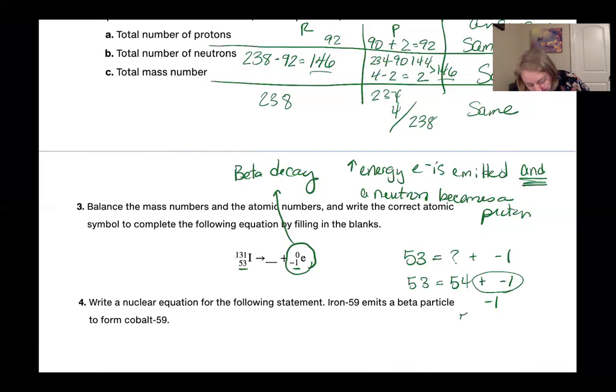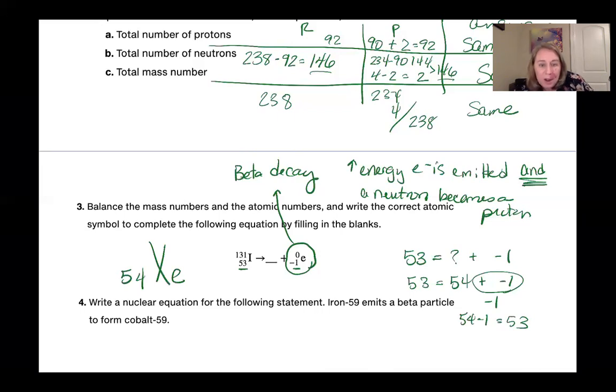So 54 minus 1 is equal to 53, okay? So we know that our element is going to have 54 protons. So go look on the periodic table. Go and find, pause it, go and find what element has 54 protons. If you went and paused, xenon has 54.